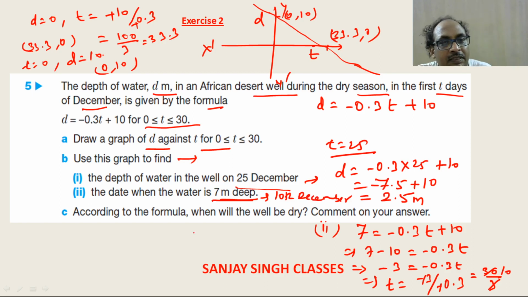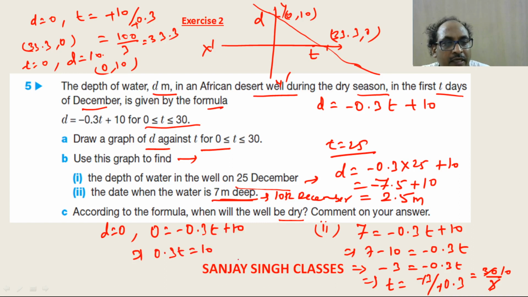According to the formula, when will the well be dry? Comment on your answer. It means d will become 0. If we put d equal to 0, then 0 is equal to minus 0.3 t plus 10, so 0.3 t is equal to 10.